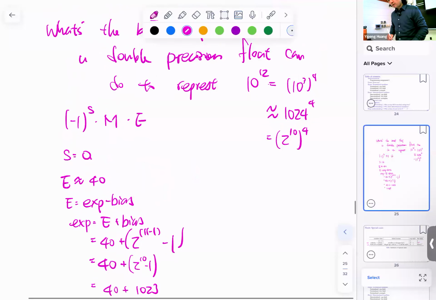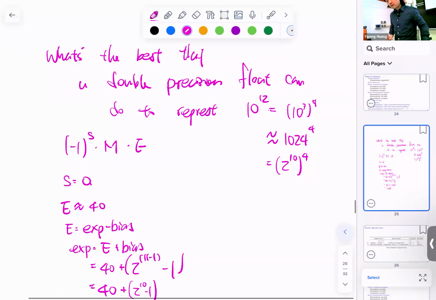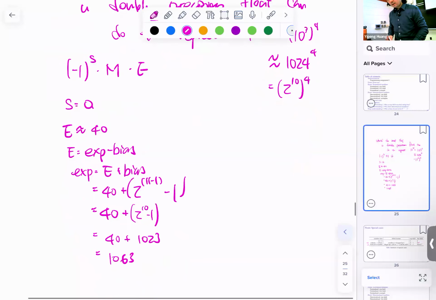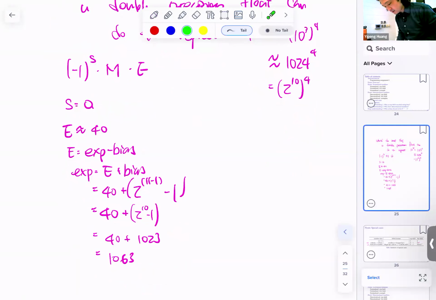Okay, so our original inquiry, right? Why is it plus bias instead of minus bias? So algebra, right? So this is the rule for E equals EXP minus bias. We know what E is. So EXP is E plus bias there.